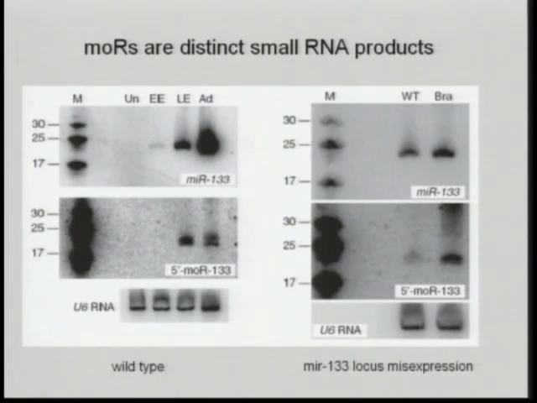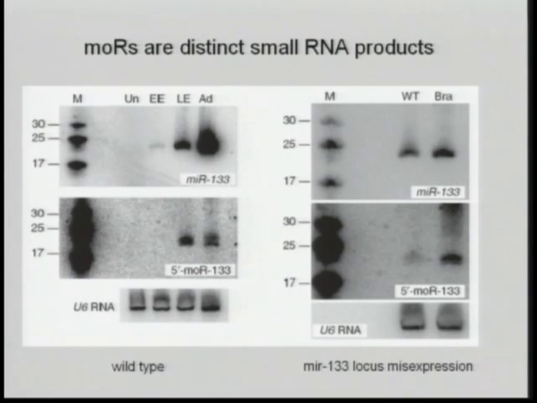Using northern analysis, I show that indeed these products are real and distinct bands in the northern plots, as we saw in the high-throughput sequencing library. This is northern against the mature miR-133 and the moR-133. In different embryonic stages, you see accumulation of both the miR-133 and the moR-133 products.